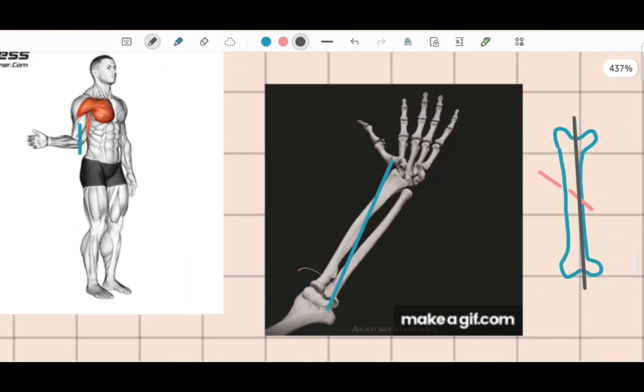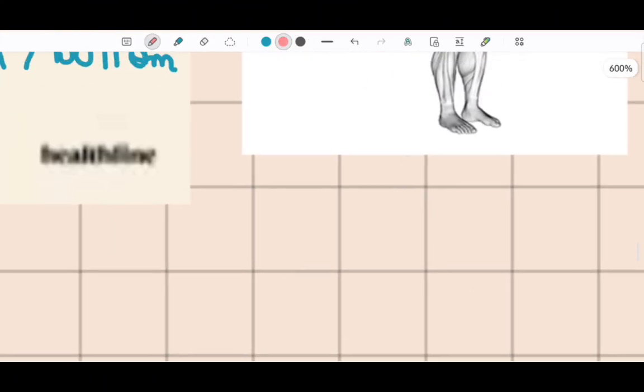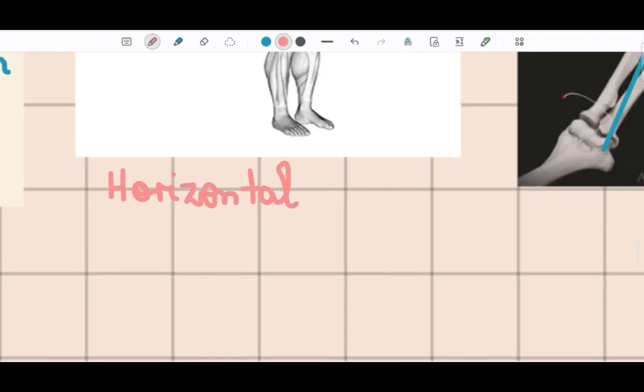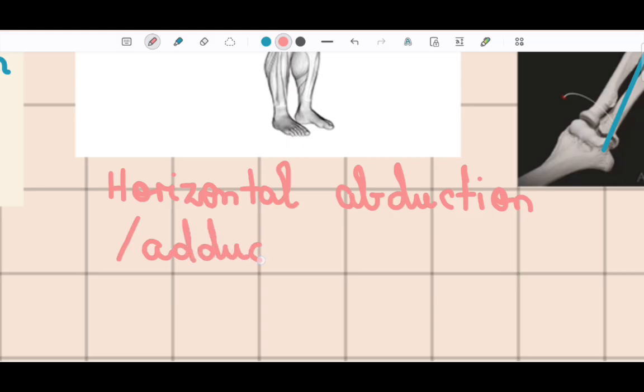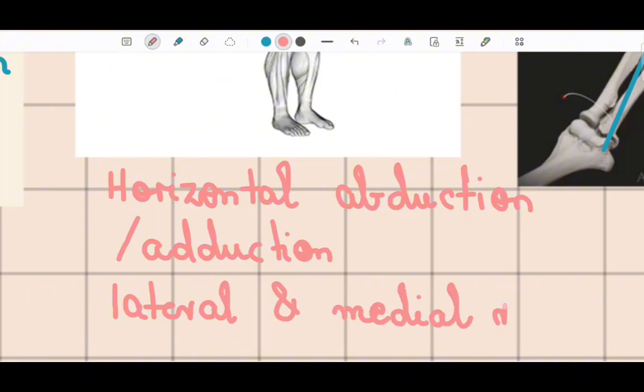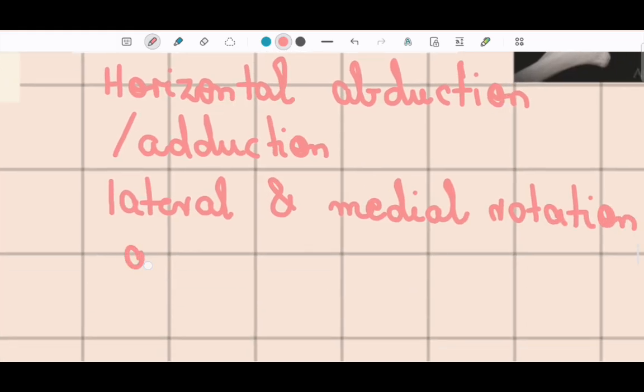So all these movements, let me just write them for you. First one was the horizontal abduction and adduction. Lateral and medial rotation at the elbow joint.